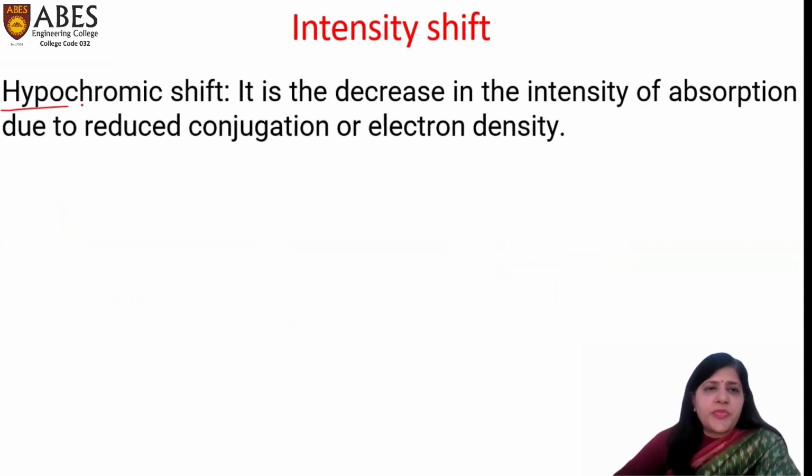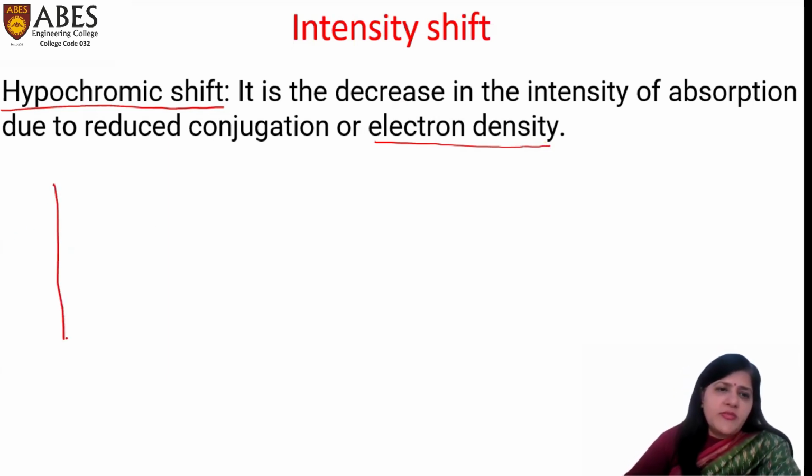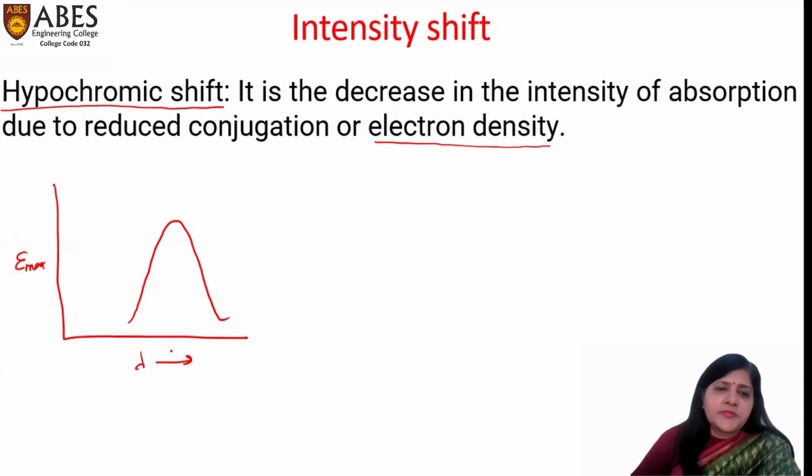Hypochromic shift. Hypochromic shift is decrease in the intensity of absorption due to reduced conjugation or electron density. In hypochromic shift, we have a molecule, and this is its absorption pattern, with wavelength on the x-axis.